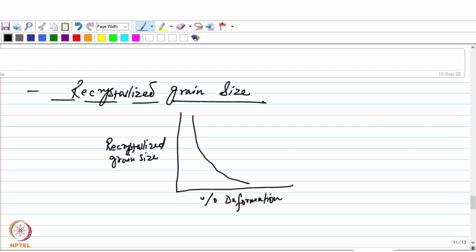And one more thing that you can notice over here is the fact that you need a minimum amount of deformation which is needed for the recrystallization to occur. Okay, so this is the critical amount of cold work which is required for the recrystallization to occur.